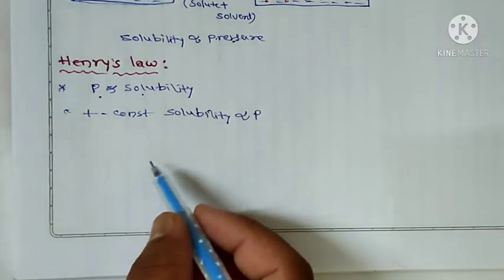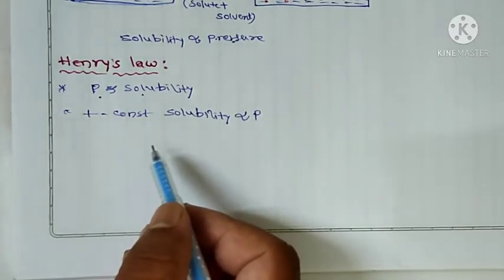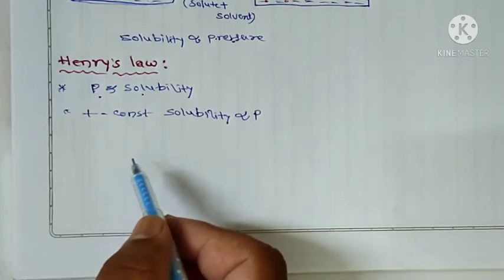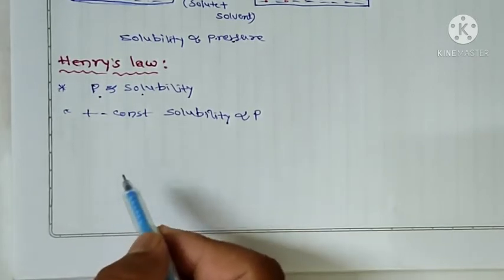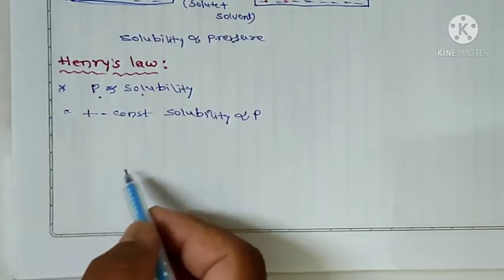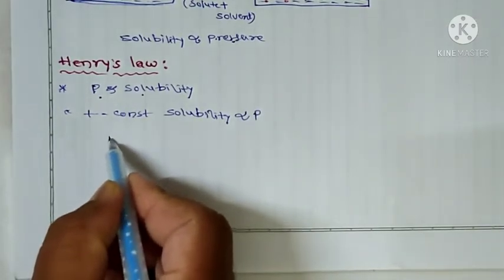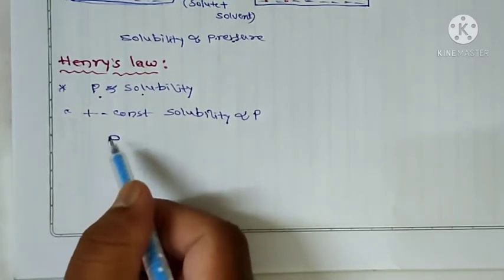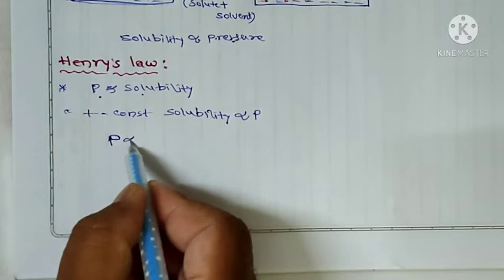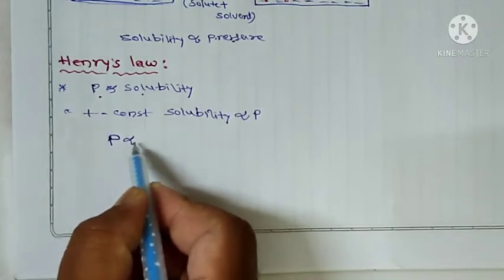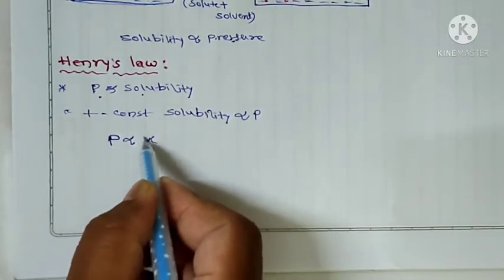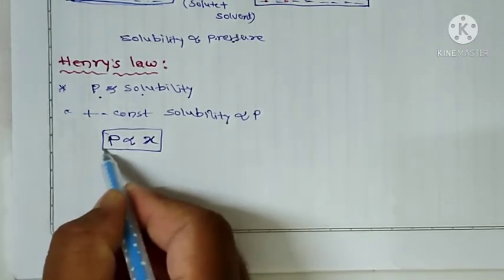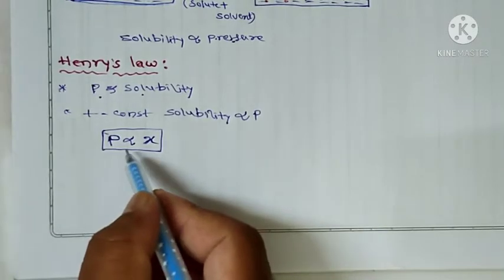So here, instead of solubility, if you take mole fraction, the Henry's law statement turns to: the partial pressure of gas in vapor phase is directly proportional to the mole fraction in the solution. So this is the Henry's law statement with a mole fraction.